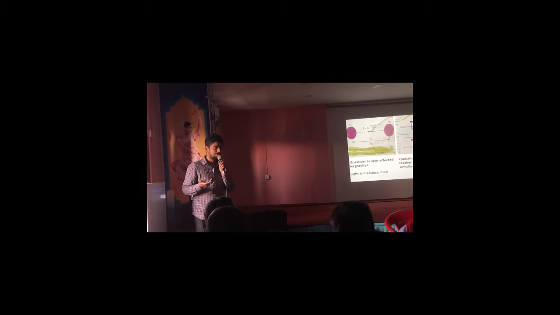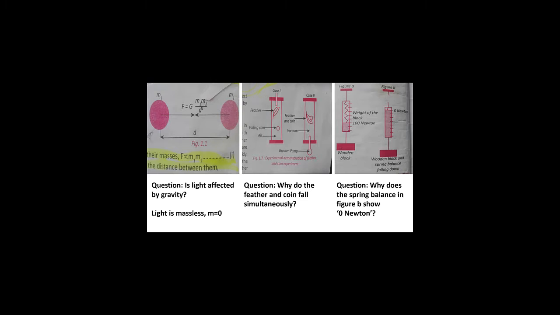Okay. Now go to the second picture. Have you seen that picture? Of course, yes. This is the famous experiment carried out by Galileo, right? A feather and a coin, when dropped from a certain height, fall simultaneously to the ground. Why does that happen?